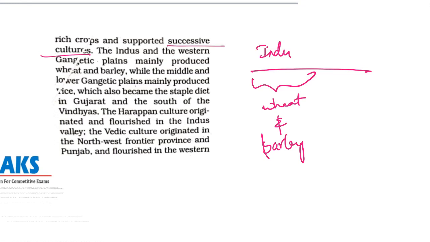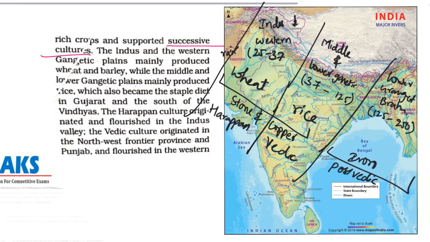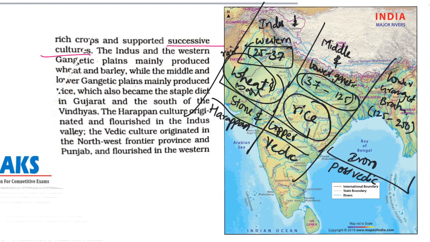Here the rainfall is already less, so they wouldn't have gone with rice crops. Coming to the middle and lower Gangetic region, they produced rice crops, right? The Indus and the western Gangetic plains usually produced wheat and barley because of the rainfall and the type of forest that had grown there, which could be cleared through stone and copper. But in the middle and lower Gangetic region, because the rainfall increased to around 125, they could bring rice into cultivation, right?